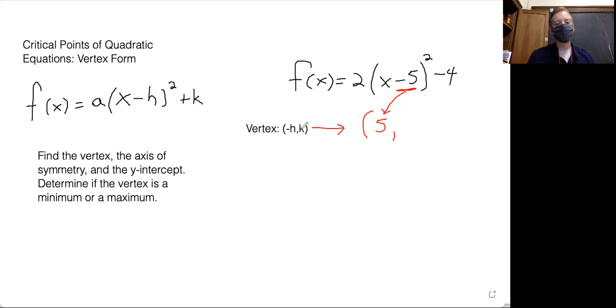The y value that we get comes from the number that we have added or subtracted outside the parentheses on the end, similar to our vertical translations that we saw. However, just like the vertical translations, our sign here stays the same. This negative 4 would have moved our graph 4 spaces down, and so our vertex will also have the same sign.